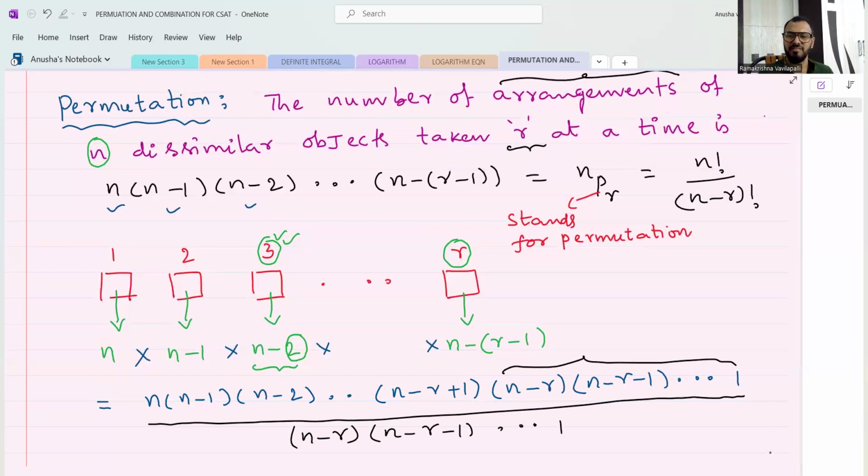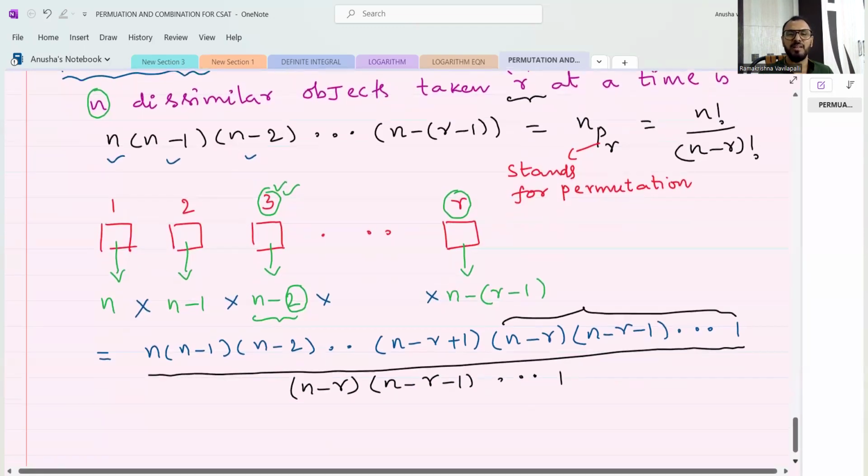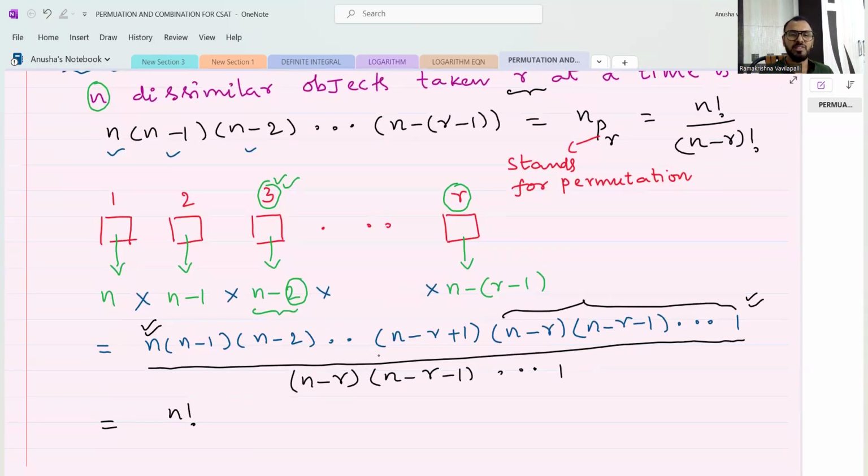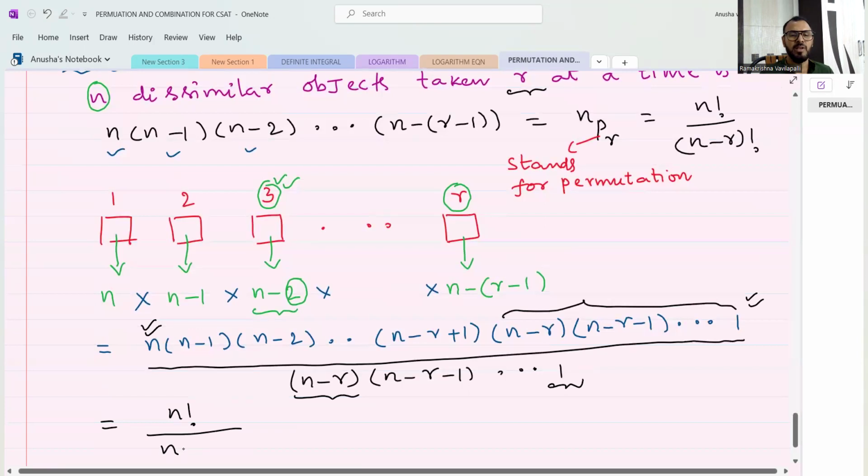Well, this is nothing but, we are starting from n and ending with the 1 without missing any digit in between them. So that numerator represents n factorial. Here we are starting from n minus r and ending with 1. So this becomes n minus r factorial. So this we represented by nPr.